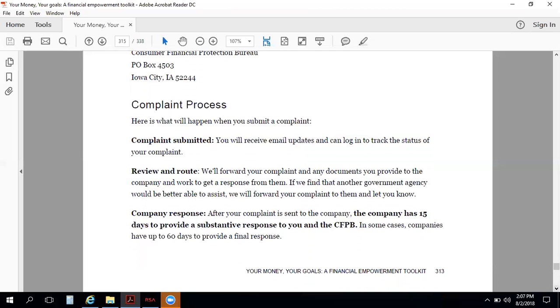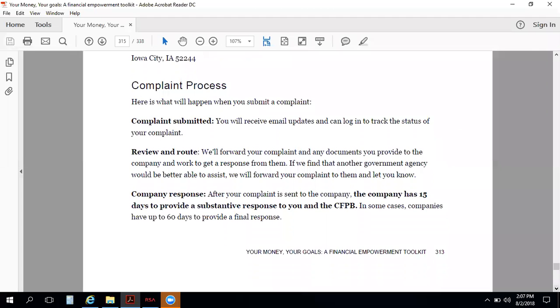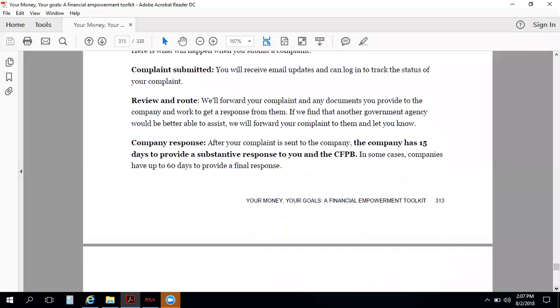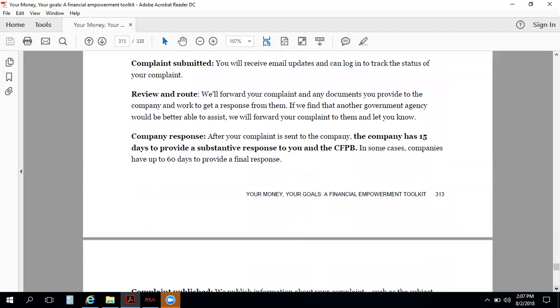Once the claimant submits the complaint, they'll receive email updates and can log the status of the complaint online. The CFPB will forward your complaint and any documents you provide to the company and work directly with the company that the client has filed the complaint against to try to get a response.